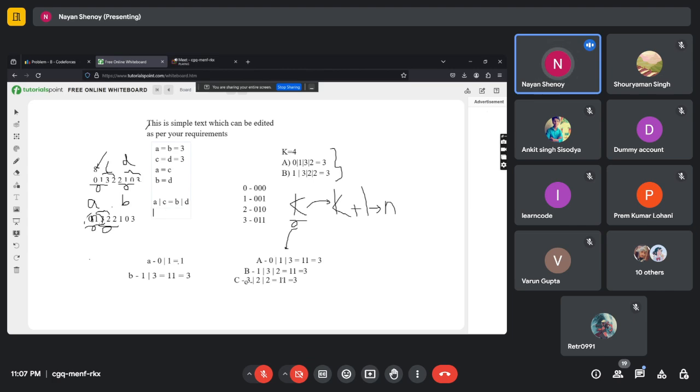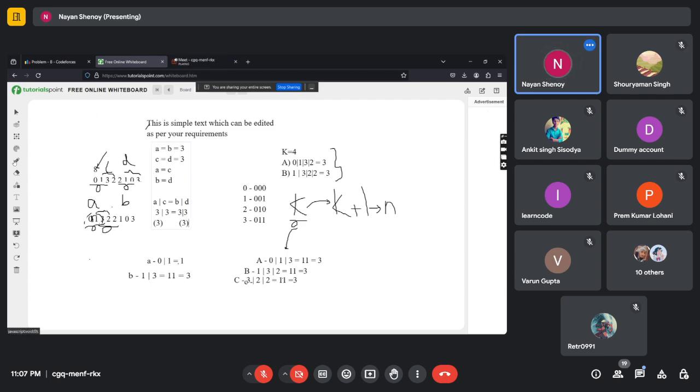So A OR C, 3 OR 3, will be 3. And B OR D, 3 OR 3, should also be equal to 3 in our case.